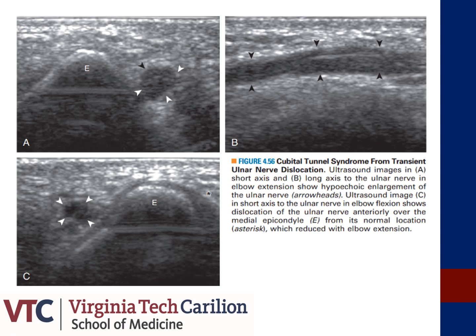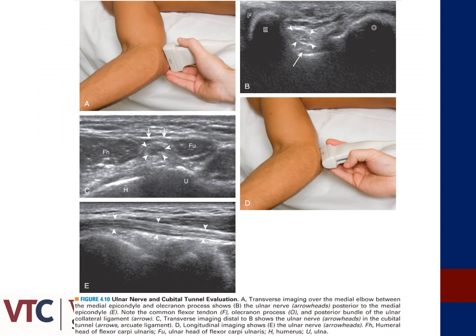When comparing images A and C, you can determine that the ulnar nerve has dislocated anteriorly, as demonstrated in image C. Figure B shows the ulnar nerve in its longitudinal axis. Again, these are some ultrasound images of the ulnar nerve as it is traversing distally.